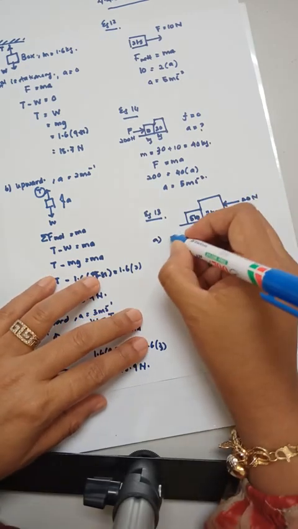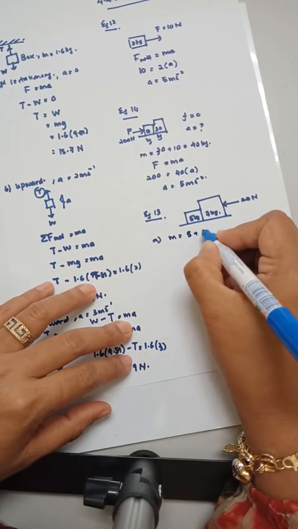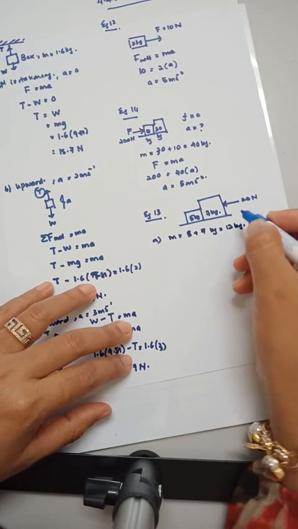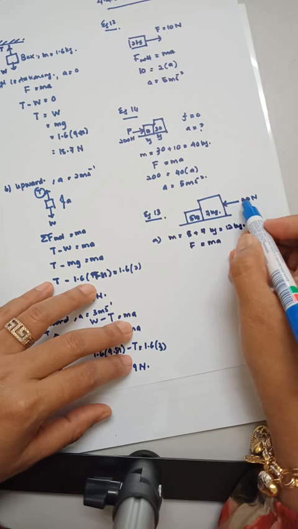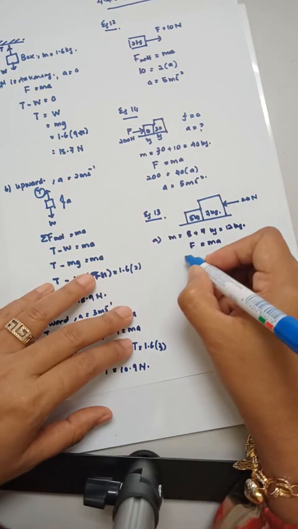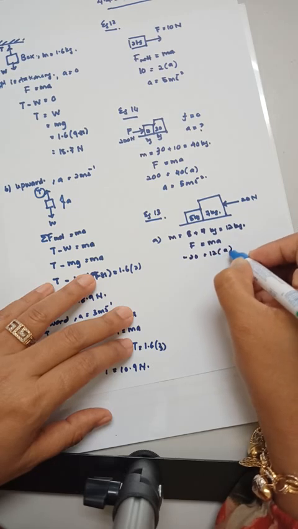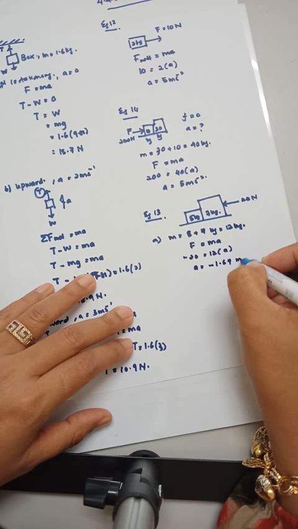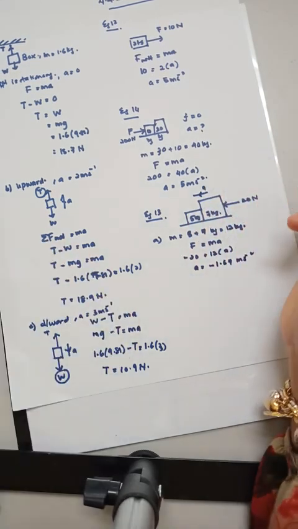So acceleration untuk kedua-dua blocks ni, maksudnya mass dia 5 plus 7 kg lah. Dia akan ada 12 kg. So, kita guna F sama dengan MA. F dia, since F is to the left, maksudnya dia negatif lah. Okay. 12 minus A. So, A akan dapat negatif 1.67 meter per second squared since A tu bergerak ke arah kiri juga.